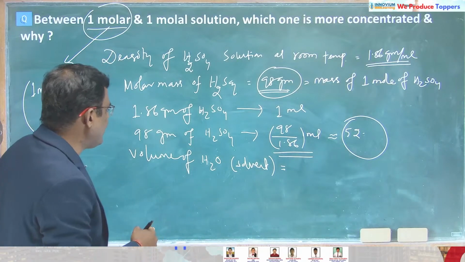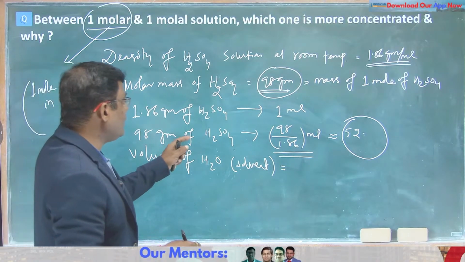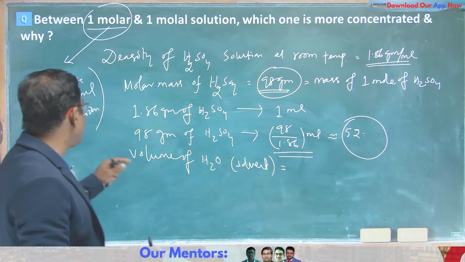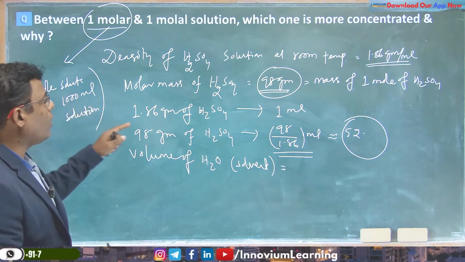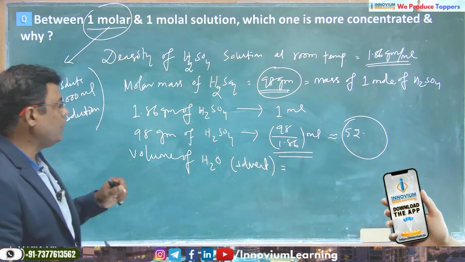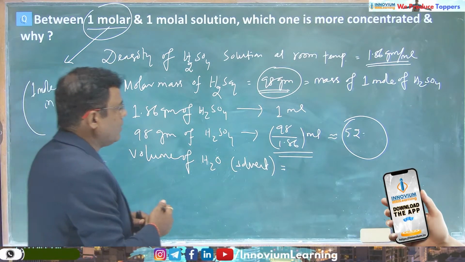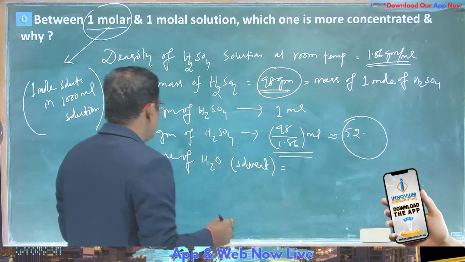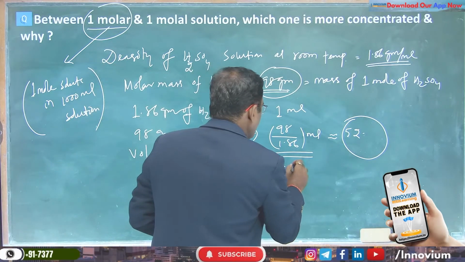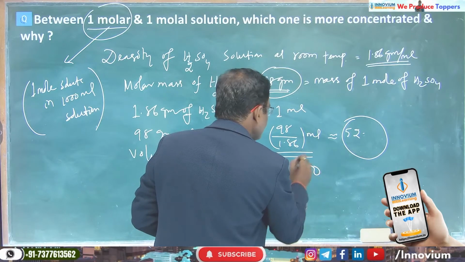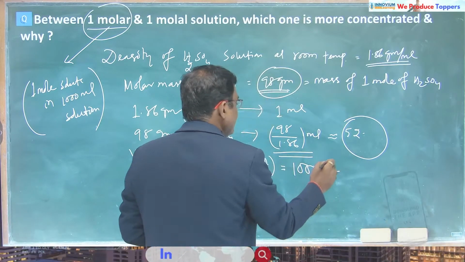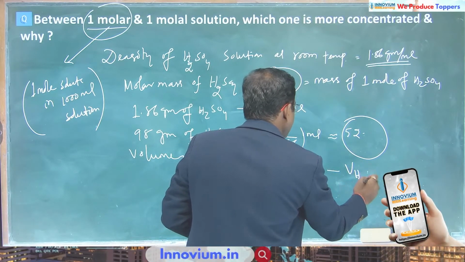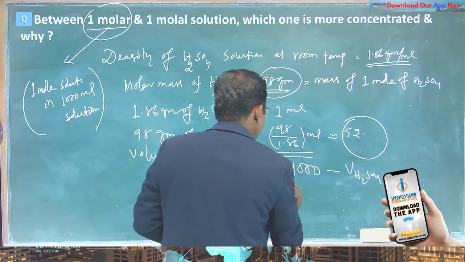So if we subtract that volume of 1 mole H2SO4, or 98 gram of H2SO4, out of this 1000 ml, we will get the volume of solvent H2O. So that is 1000 ml, the volume of solution, minus the volume of that H2SO4.